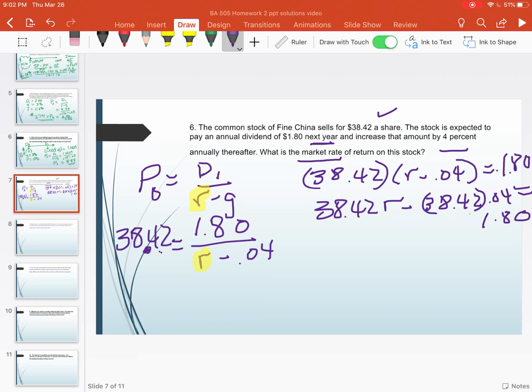And when we do this math, 38.42R is equal to $1.80 plus 38.42 times 0.04.